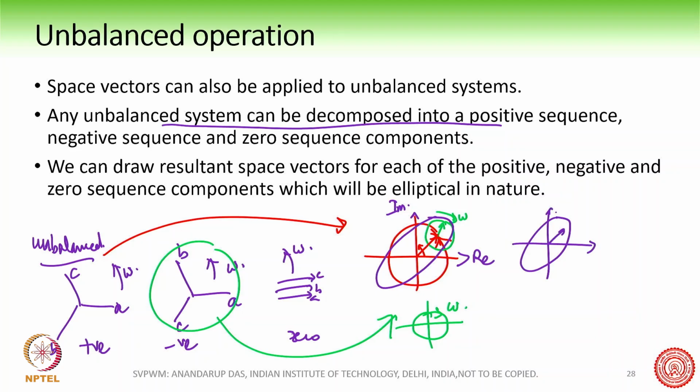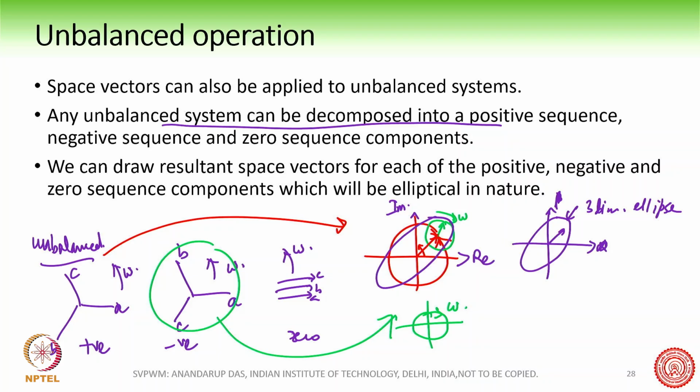We generally call it alpha, beta, gamma, but anyway, it becomes an ellipsoid. So that is the more generalized case of the space vector when you have an unbalanced operation.